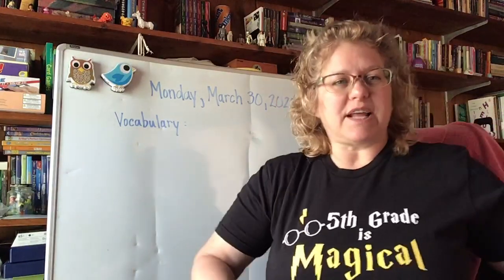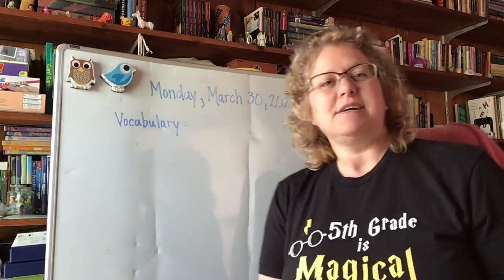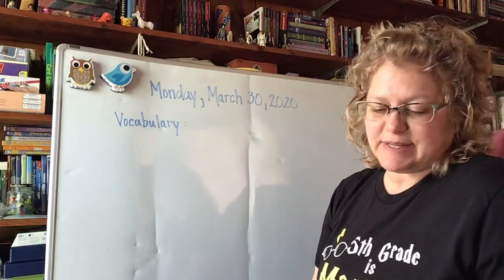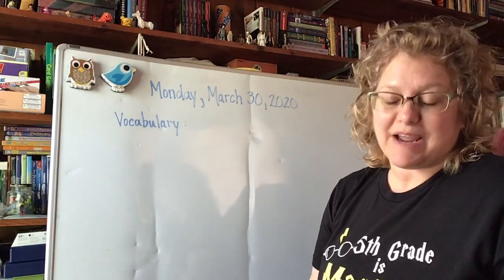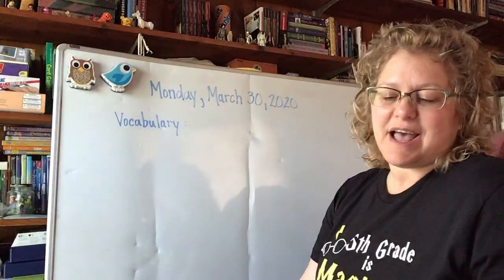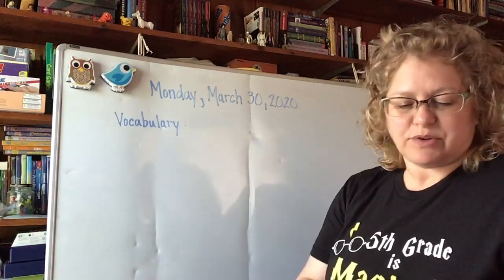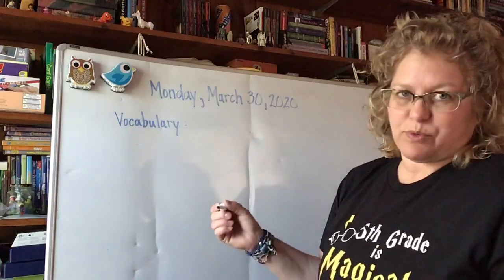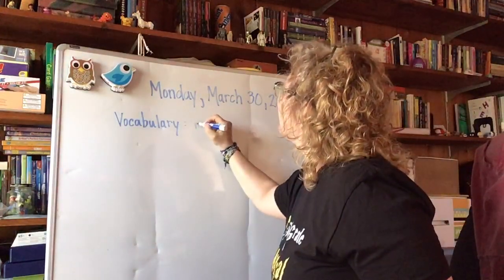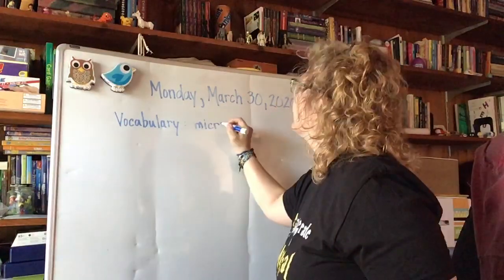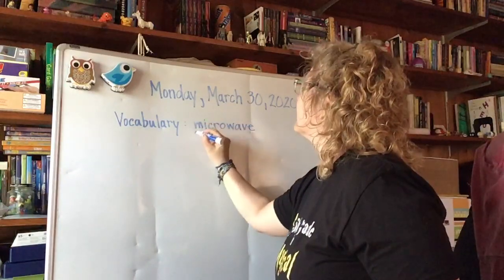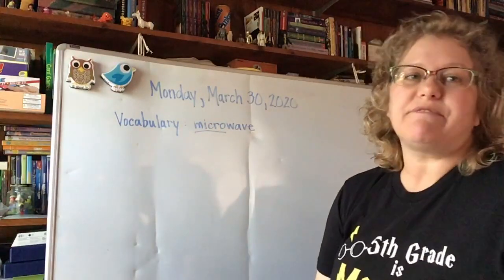Welcome to homeschool today. We know fifth grade is magical, so we're going to review our vocabulary. Before we went on break, we were doing some words that started with micro and mega and super and hyper. Do you remember all those words? So we started out with words like microwave, and remember we had a prefix on there.